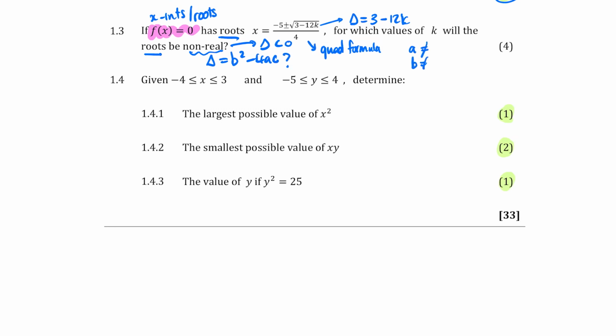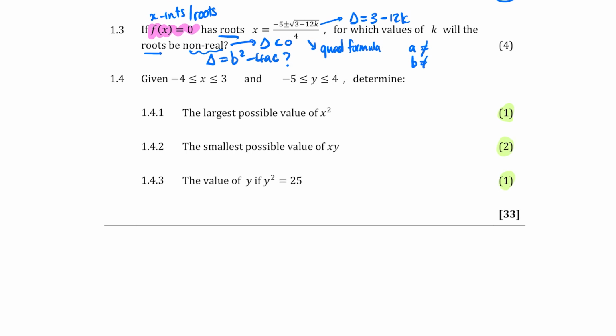We don't need to know that. We need to know that the part under the square root is delta. And so if I can find this and make that less than 0, then maybe I can find what values of k. My answer therefore needs to be: k is this number, or k is less than this number, or k is greater than.